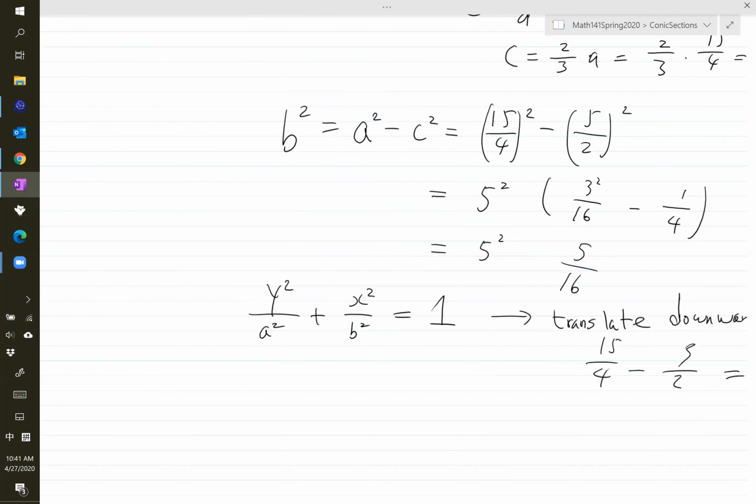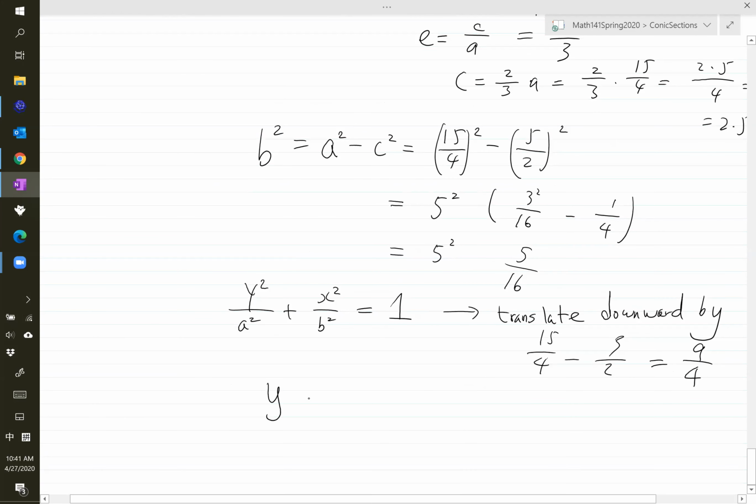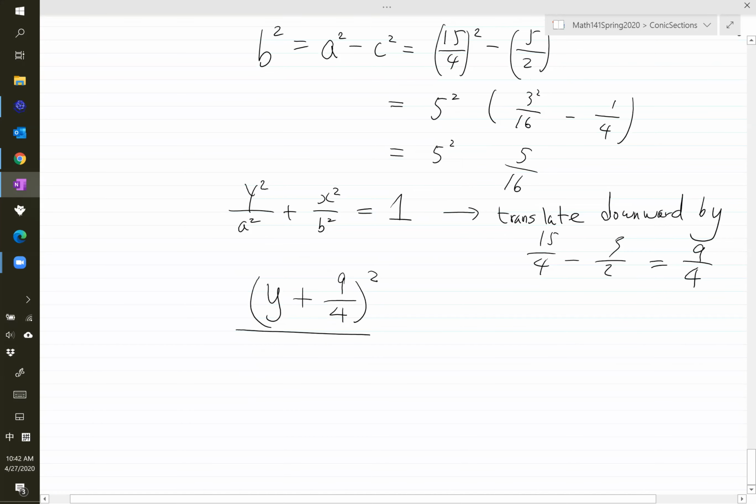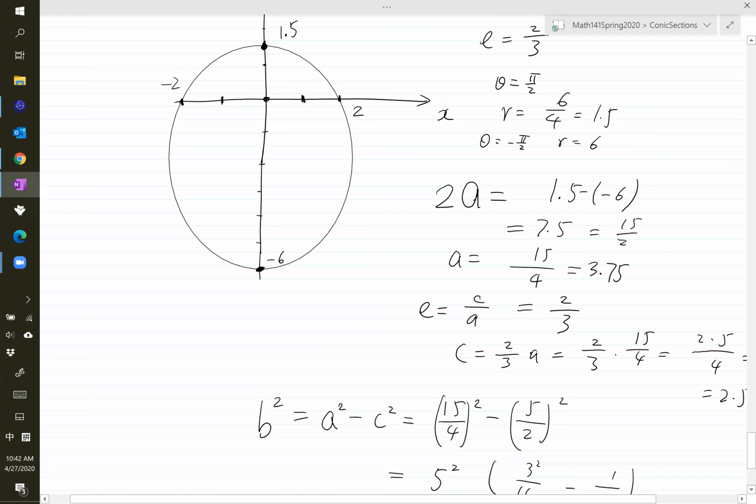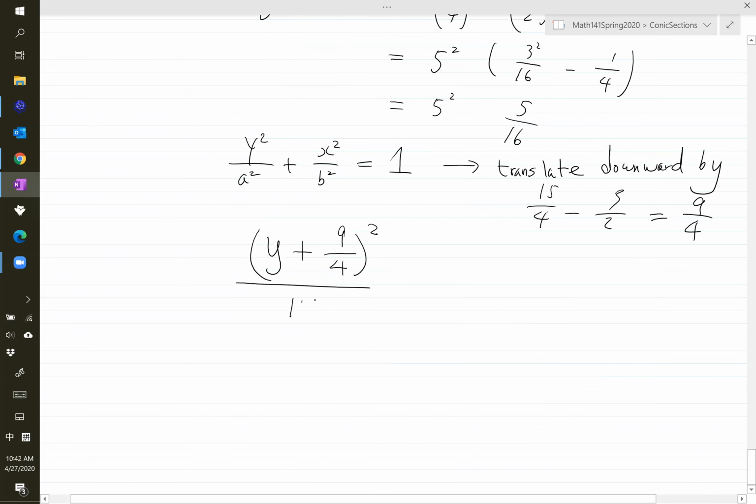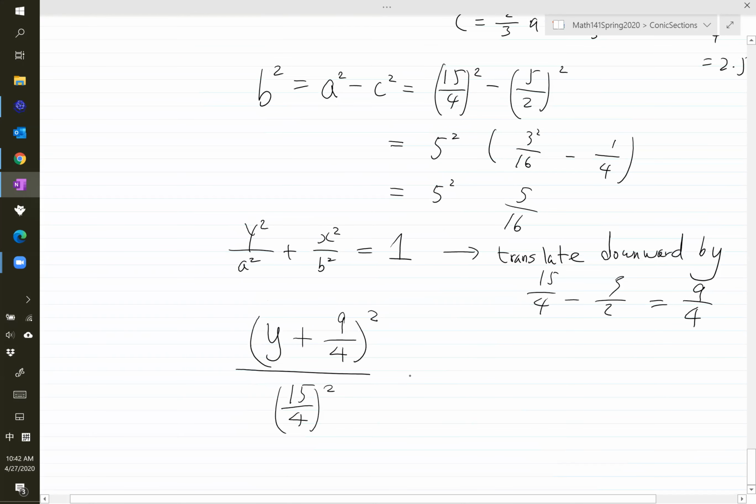So it should be y plus 9/4, over A squared, where A is 15/4, plus x squared over B squared, with B squared equal to 1 over 25 times 16, equals 1.